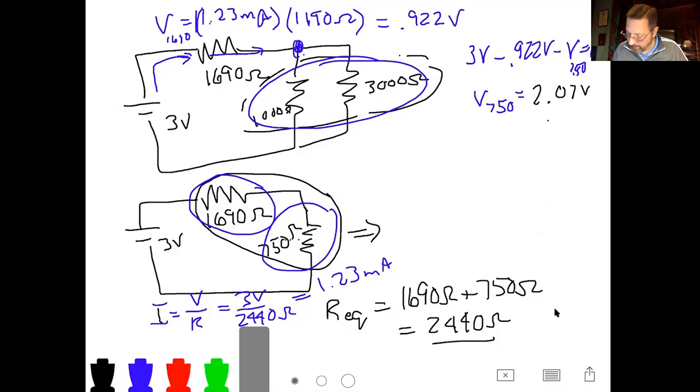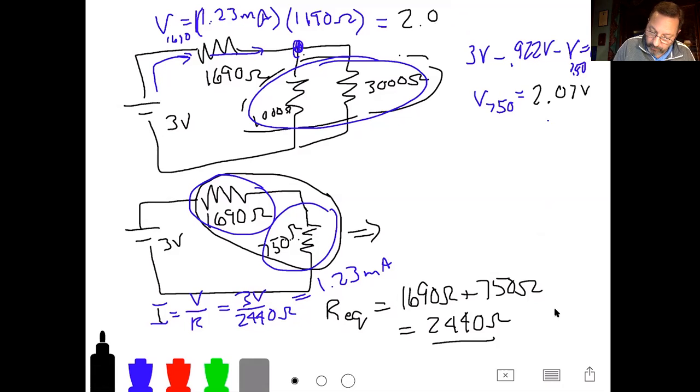1.23 times 1690 is equal to 2.07. So I got my two numbers backwards. This number right here is supposed to be 2.07.